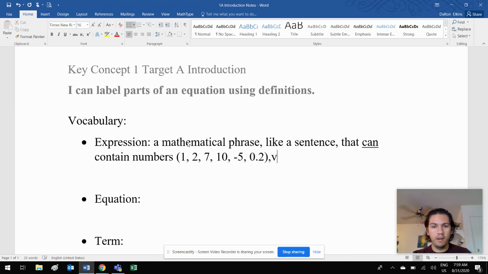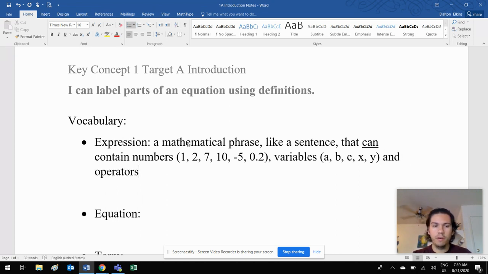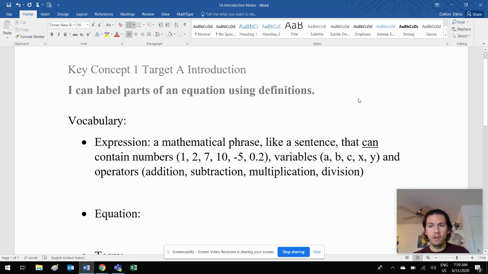It can contain variables like A, B, C, X, Y, different letters that represent numbers. And the last thing that an expression contains is operators, which is addition, subtraction, multiplication, and division, which I should write out. Addition, subtraction, multiplication, and division. That's an expression.